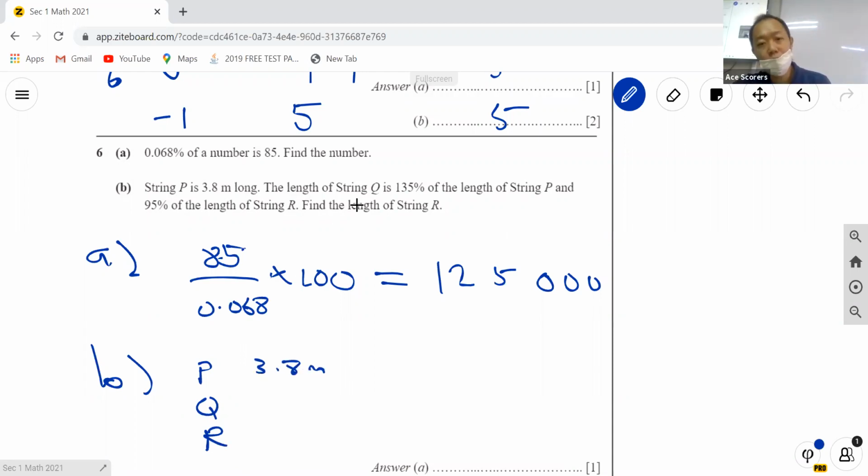Q is 135%, so just take 1.35 times 3.8. So Q is 5.13 meters. Q is 95% of the length of R. R is 5.4.